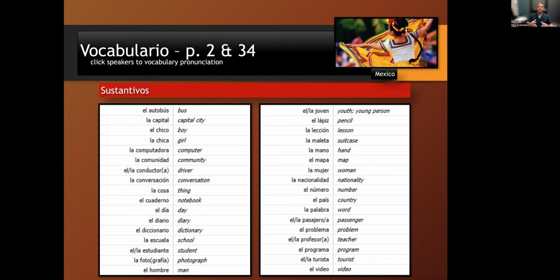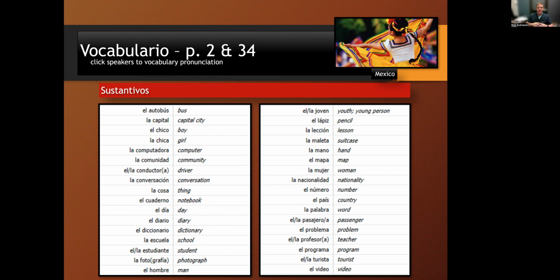El autobús, la capital, el chico, la chica, la computadora. It's a four-syllable word. It's a big one, but look at all those vowels. O, U, A, O, A. So you want to pronounce it with those vowels being pure. La computadora. Each vowel gets its time.